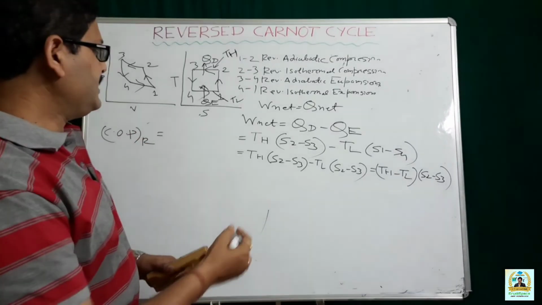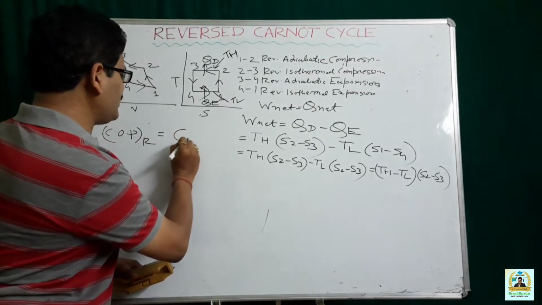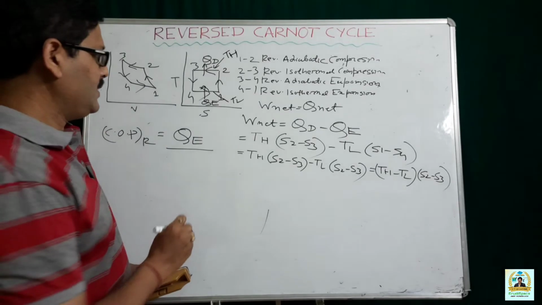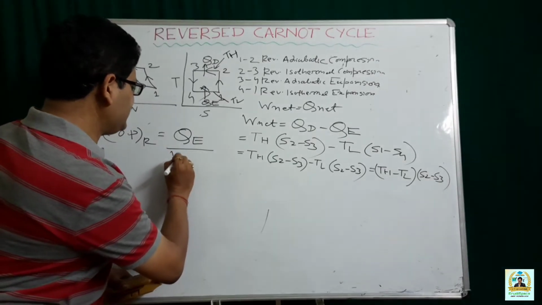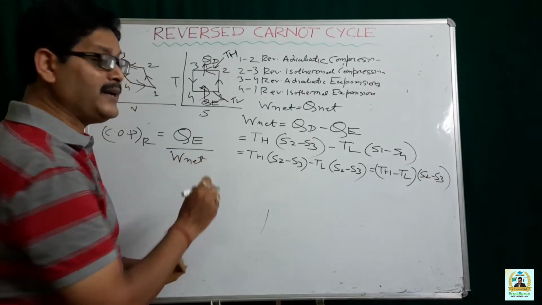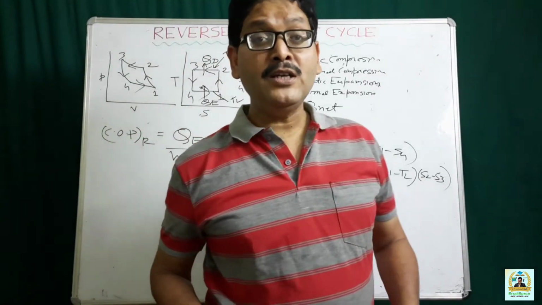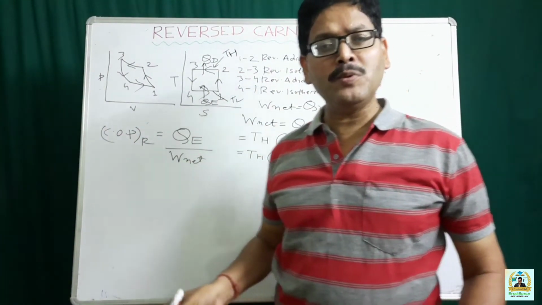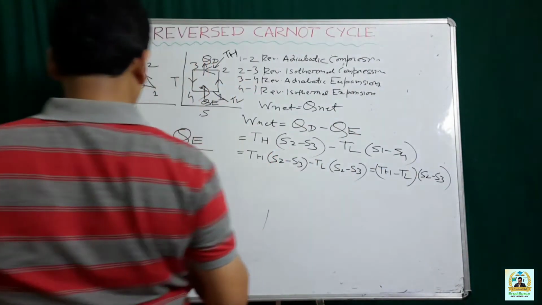Here the desired effect is extraction of heat divided by W net. This is the amount of work that is to be spent upon the system in order to extract heat from the body, which is to be maintained at low temperature.